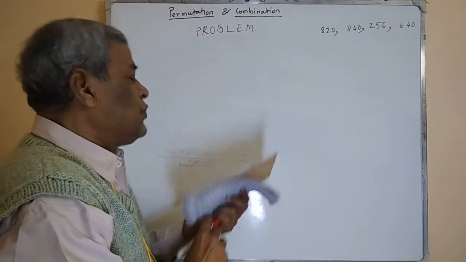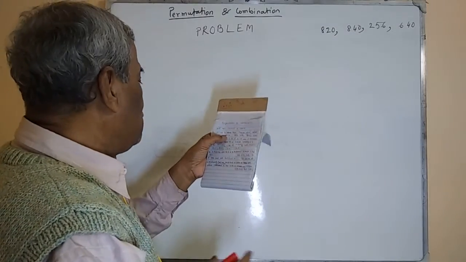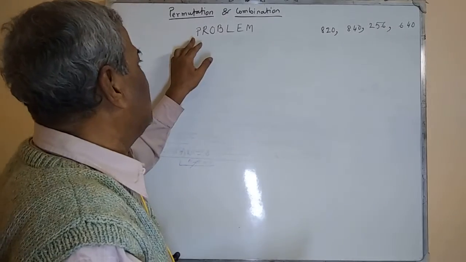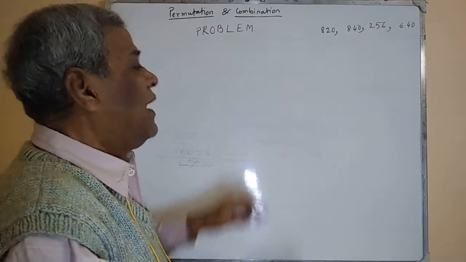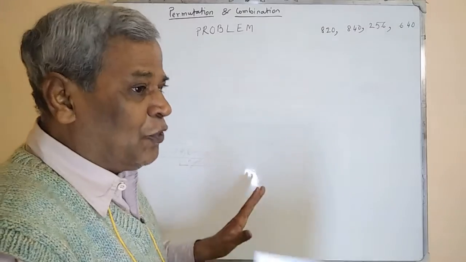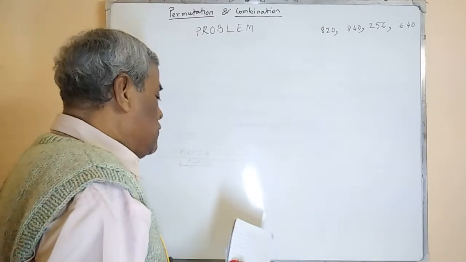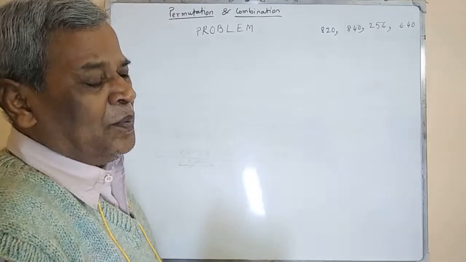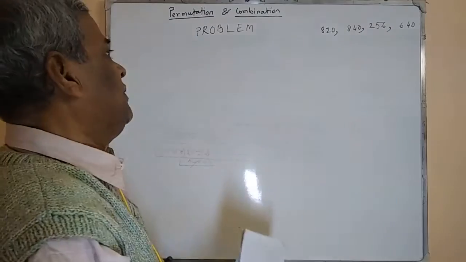Here our question is, we have to choose 4 letters from the word, how many different words can be formed. So it is a question of formation of words, so simply it is a problem of permutation.